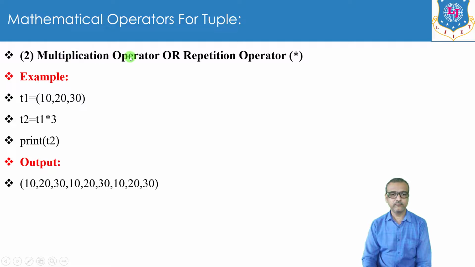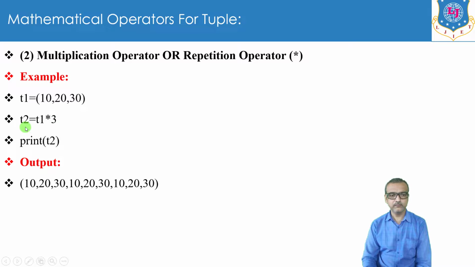Now second one is multiplication operator or repetition operator star. I will just make you understand this concept with the help of example. We have created tuple T1 and in tuple T1 we have these three elements, that is 10, 20 and 30. Now we are going to create tuple T2, that is equals to nothing but we are going to multiply T1 by 3, that is T1 star 3.